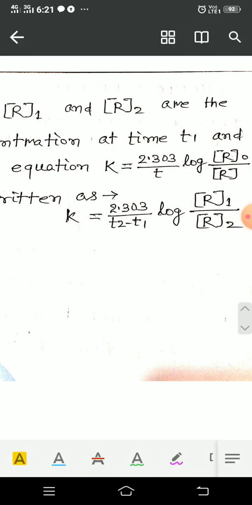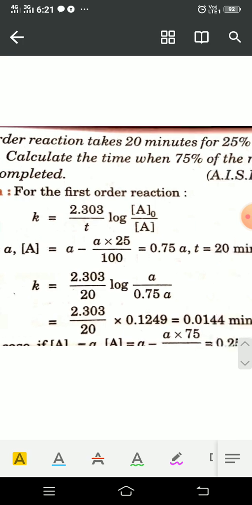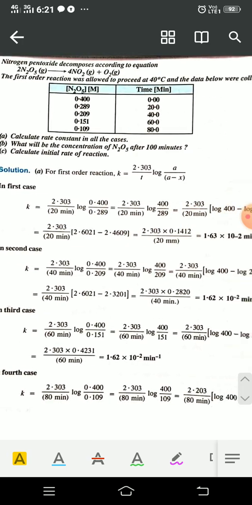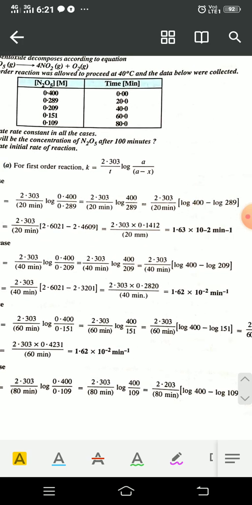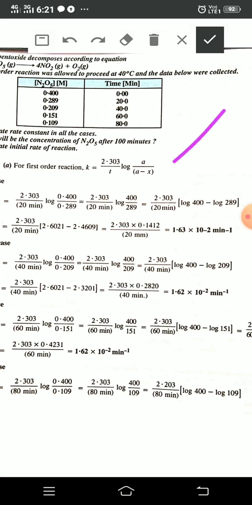With the help of this equation, you can solve such types of problems. See here, these are examples of this type of problem.